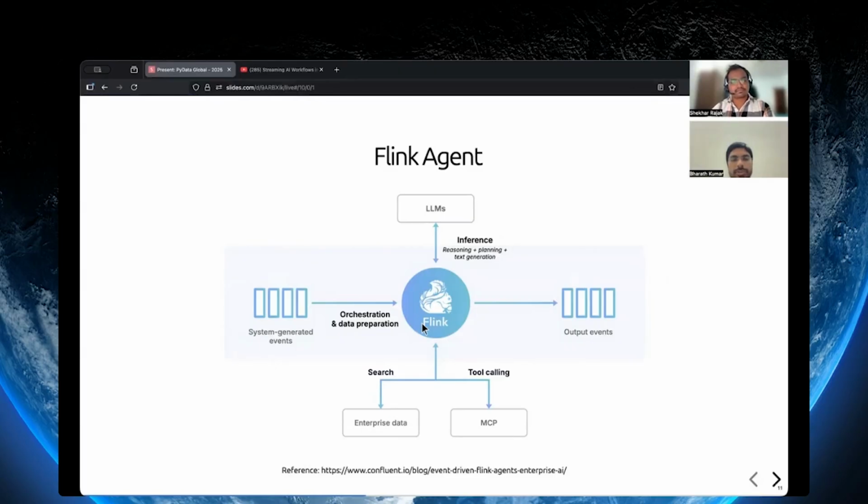So just to give you an example, as Shekhar demonstrated earlier, take fraud detection as a perfect example. There are millions of transactions streaming in per minute. Flink instantly computes per-user baselines, sliding windows, and anomaly scores.